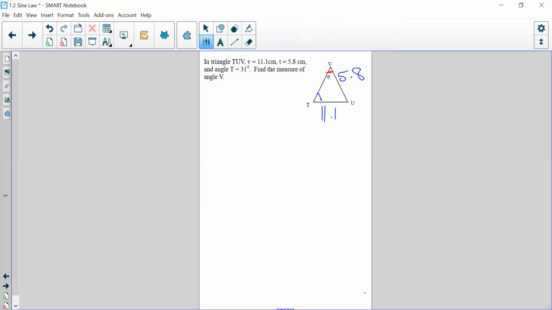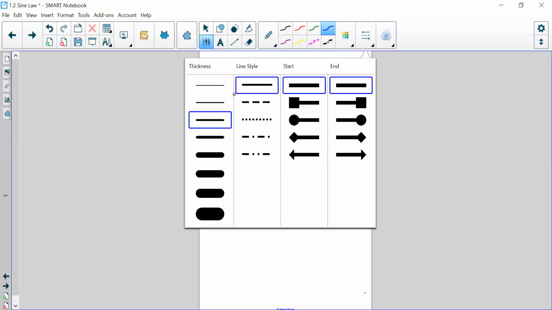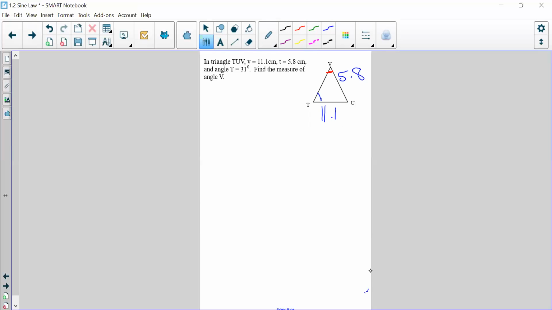Now, because they're asking me for an angle, please use your formulas carefully. I'm going to use the one with the angles in the numerator as opposed to the sides. You'll see here in a minute why that's easier. So if I rearrange this, I have sine of t over t, sine of u over u, and sine of v over v.